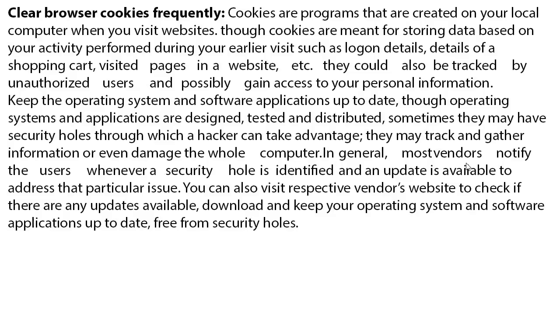In general, most vendors notify the user whenever a security hole is identified and an update is available to address that particular issue. You can also visit the respective vendor's website to check if there is any update available. Download updates and keep your operating system and software applications up to date, free from security holes.